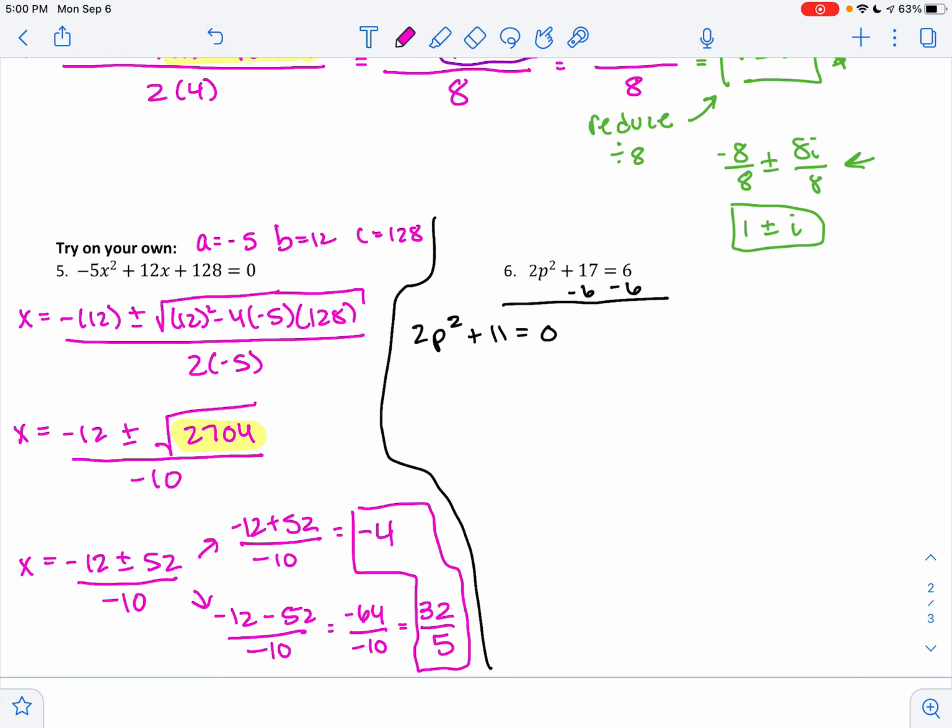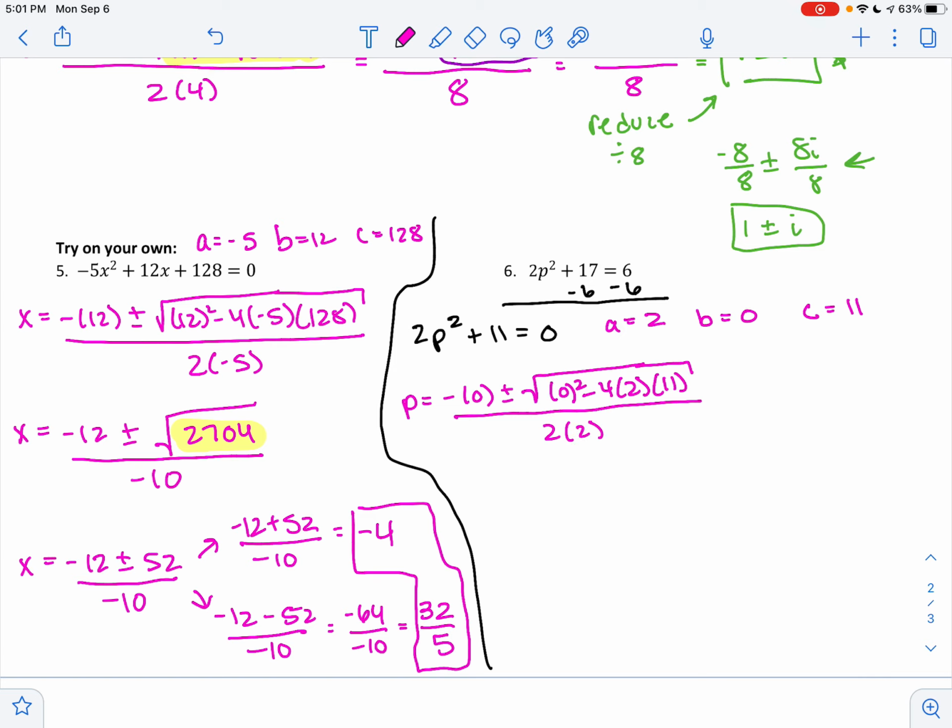In this case, a is 2. B is 0 since I don't have a p term, and my constant c is 11. In this equation, the variable that we are solving for is p, so I'll have p equals negative b plus or minus the square root of b squared minus 4 times a times c all over 2 times a.